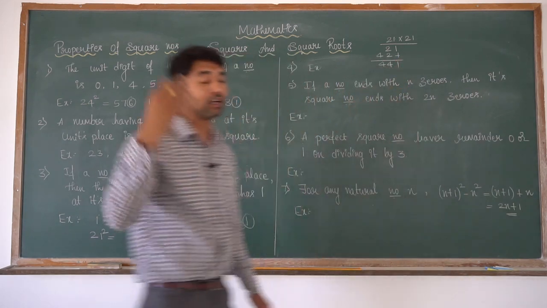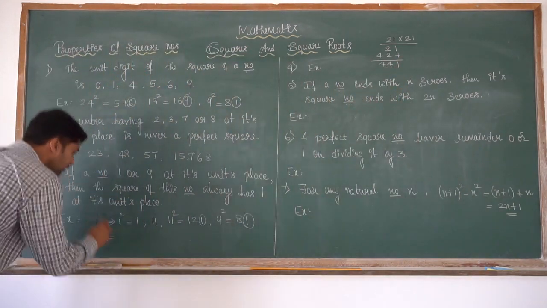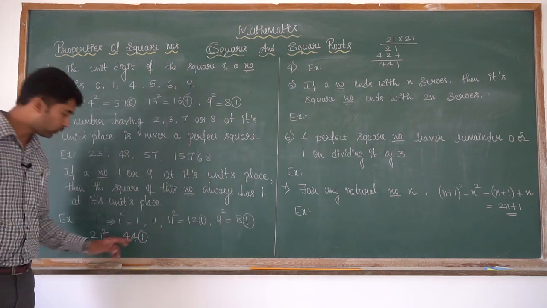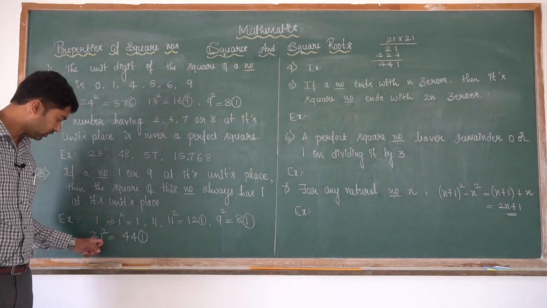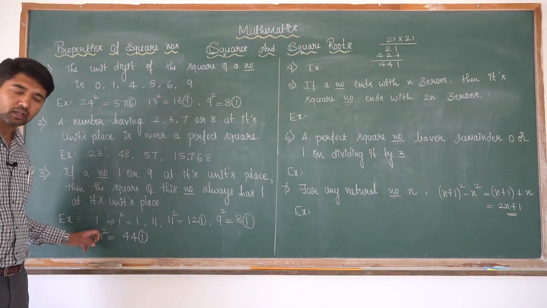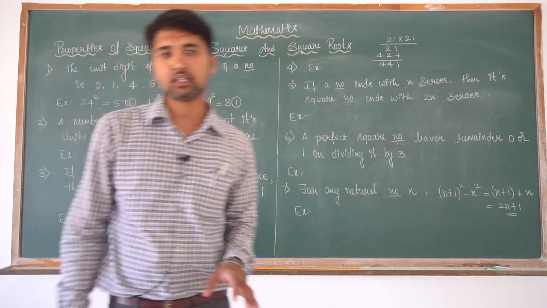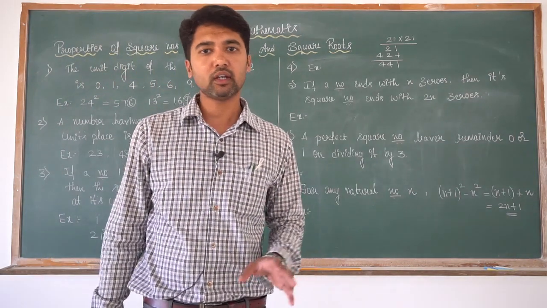Yes, I told you 421 and it's 441. So 21 square is 441. So 1 is in the unit digit. See here, 1 in the unit digit of a number, then the square of that number will also have 1 at its unit digit. Clear? Any doubts?